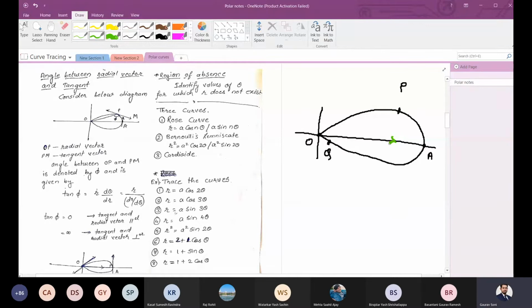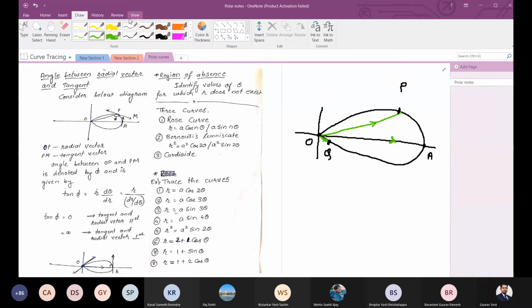For the point P, my radial vector is this. For the point Q, my radial vector is this. Now I will draw the tangent vector to each of them.